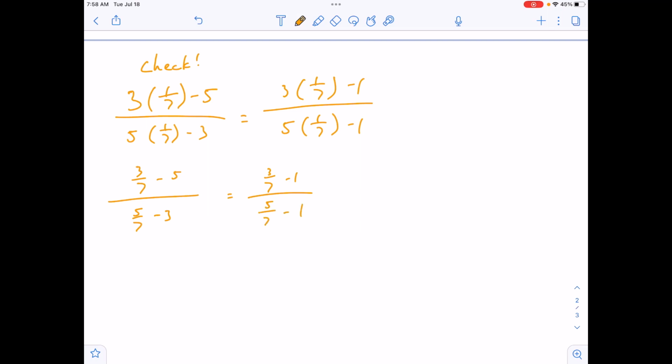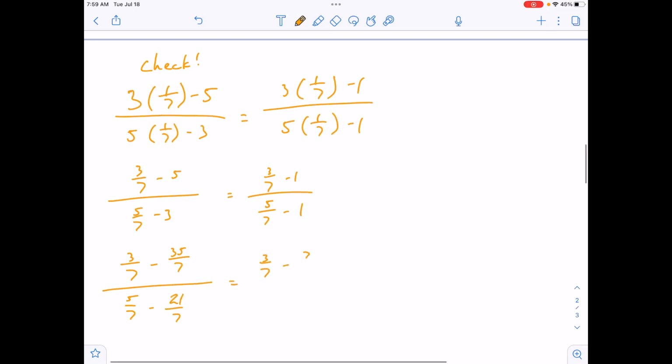I'm going to find some common denominators here, so that things are going to get easier. 3 over 7 minus 5 over 7. Nope, not 5 over 7. 35 over 7, divided by 5 over 7 minus 21 over 7. 3 over 7 minus 7 over 7, and 5 over 7 minus 7 over 7.